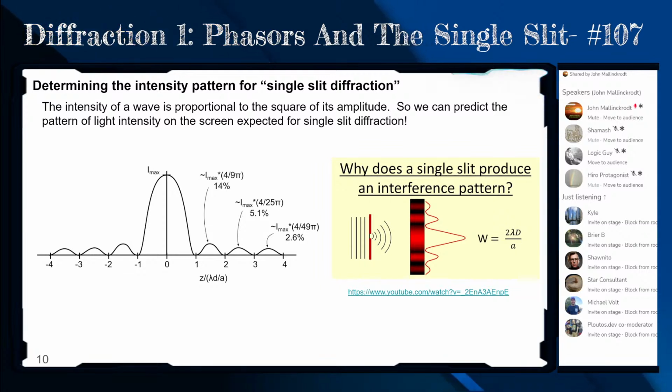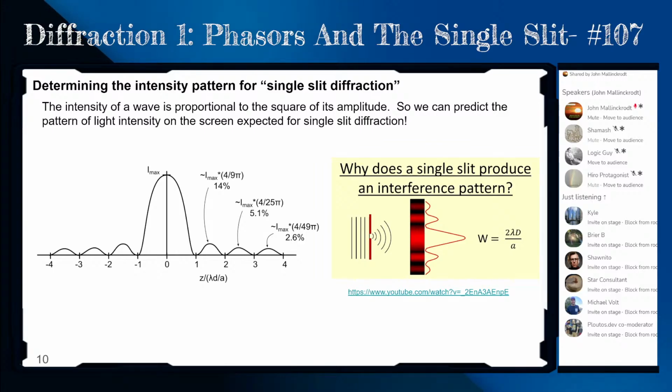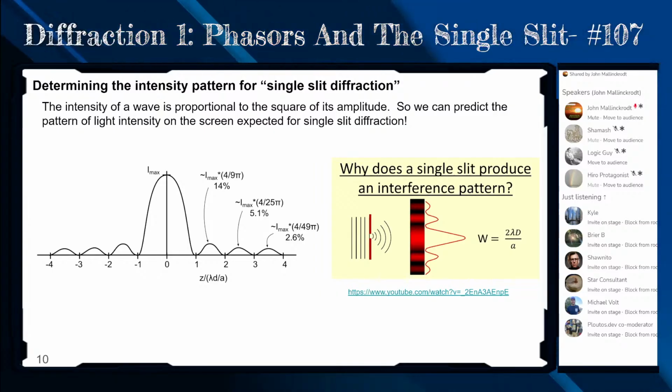So what I'm showing here in the graph is what the pattern looks like. I'm showing the position on the screen on the horizontal axis. There's the central point, which I call 0. And then I'm ticking off units on the screen in terms of the ratio of z, the distance away from the center, to that lambda d over a thing, right?